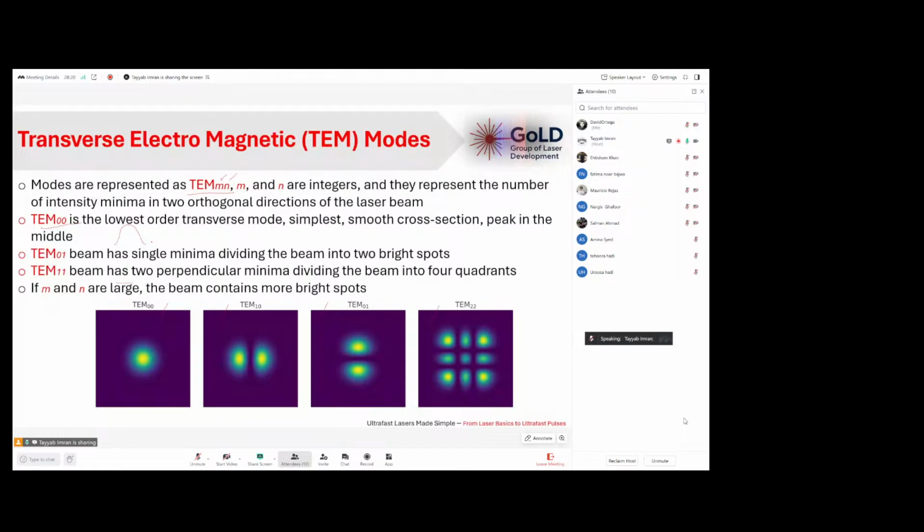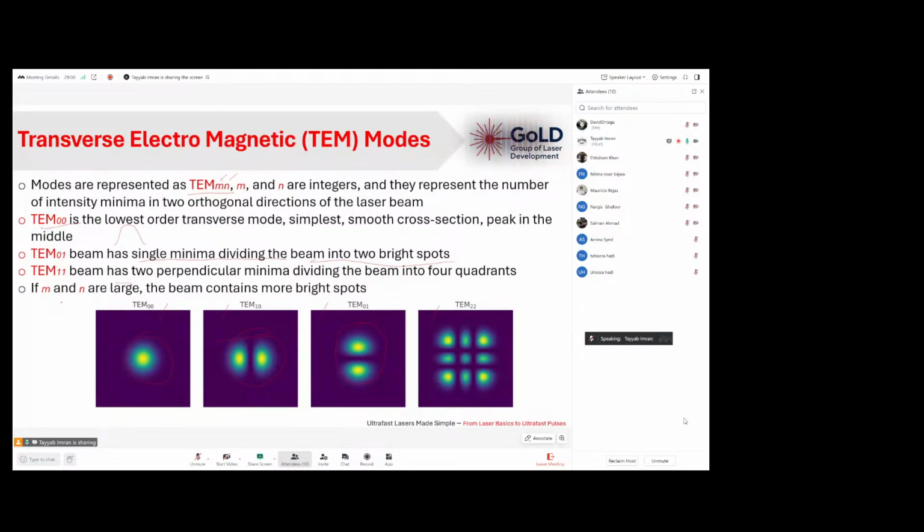TEM 01 or TEM 10 shows two patches: a single minimum dividing the beam into two bright spots. This one is the TEM 00 mode, and this one is the TEM 01 mode. And if it is 10, it appears like this.